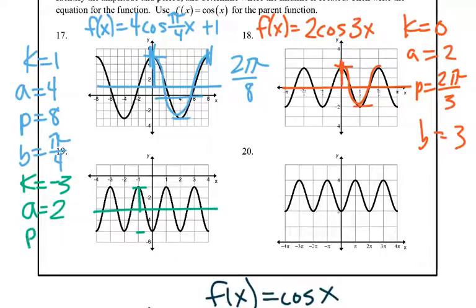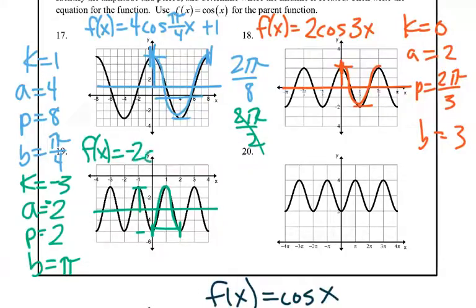Now notice here we're starting down low, so that amplitude's going to be negative. So to get back down there, we have our period of 2. So for b, it's just going to be pi, because 2 pi divided by 2 is just pi. So f of x equals -2 cosine of pi times x minus 3.